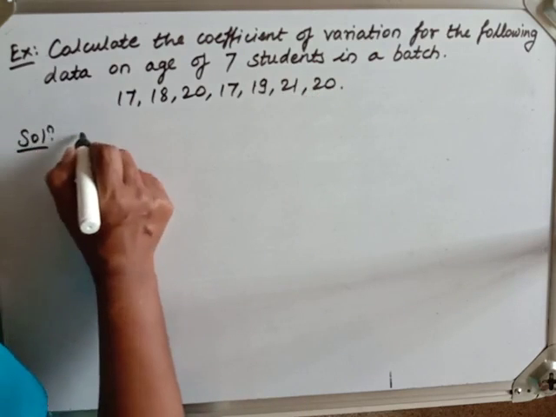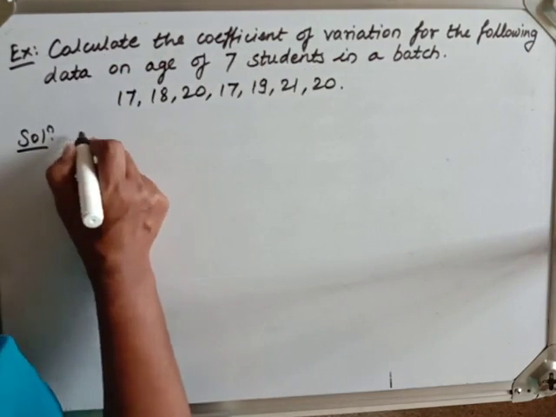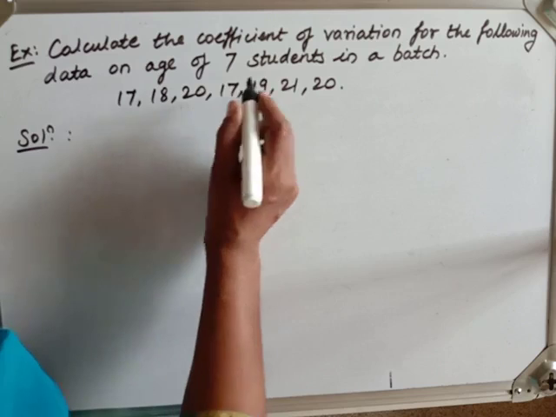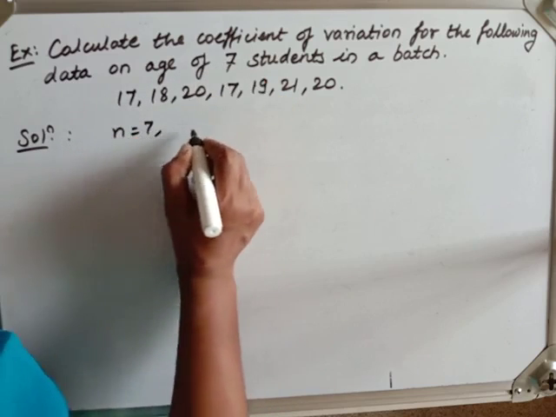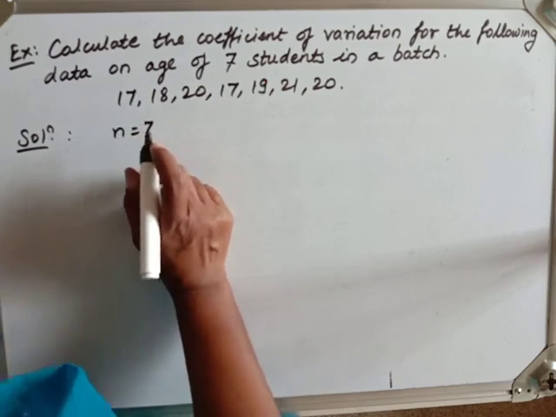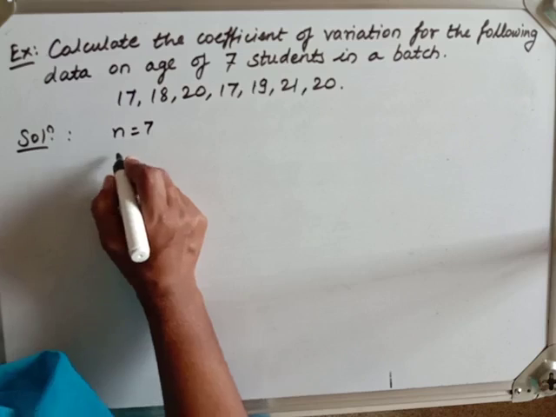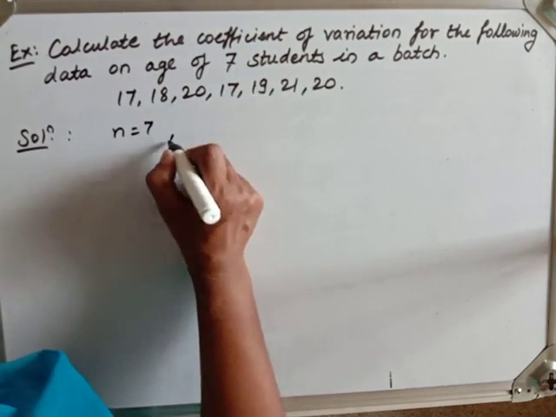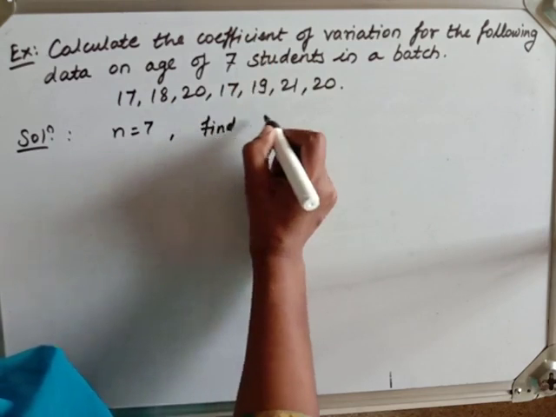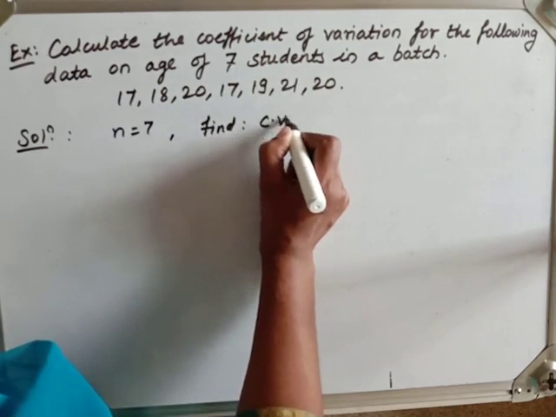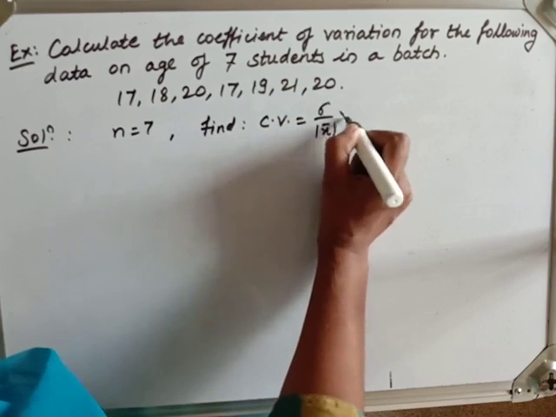Now solution, we have to determine the coefficient of variation here. The number of observations is n equal to 7. To determine the coefficient of variation, we need to find sigma and arithmetic mean. CV is sigma upon mod of x bar into 100.